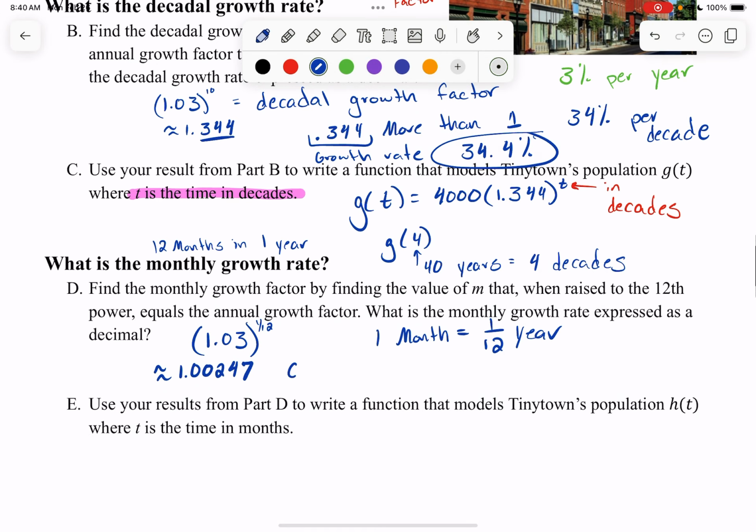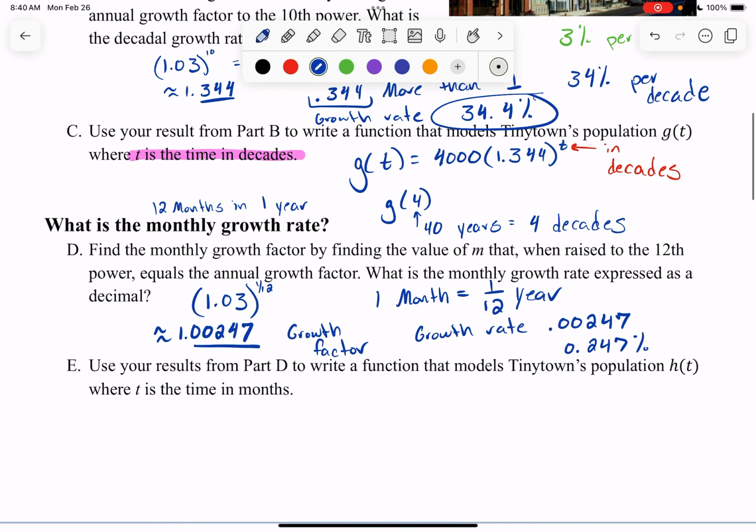Okay, so then this is the growth factor. But that growth rate is just how much more than 1 we are. The growth rate would be 0.00247, which if I multiply that by 100 to get a percent would be 0.247%. Barely anything.